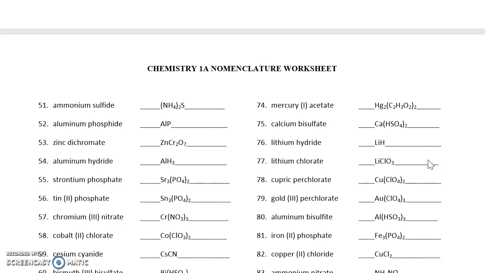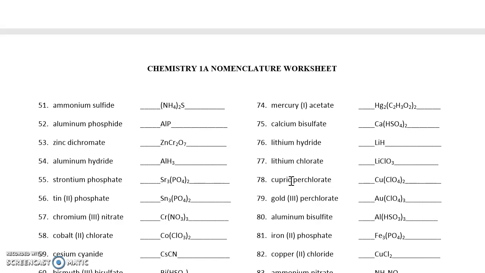I would say one thing I'd point out, although I tend not to bother with it on my assessments, you might bump into it in your reading, things like cupric perchlorate. The suffix "ic" is an old nomenclature convention that you might see. To be honest, I would say it's a relic, but there are lots of relics still around. You can have "ic" or "ous," and this refers to the oxidation state of the metal.